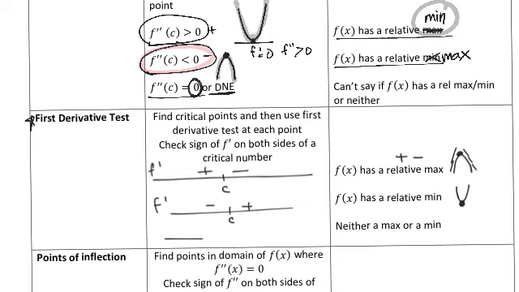And if f prime doesn't change sign, so it's at a critical point, but f prime doesn't change sign, then you have neither a max or a min, and that's a situation that looks like this. So we've got a 0 for our horizontal tangent right at that point, but the graph of f is increasing on both sides.